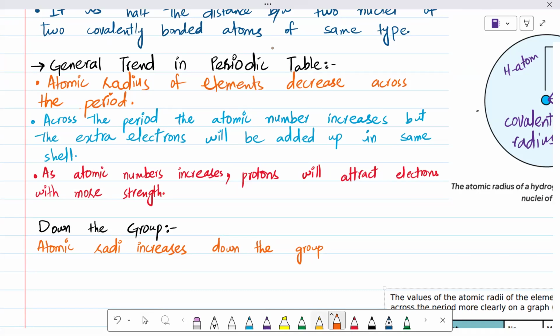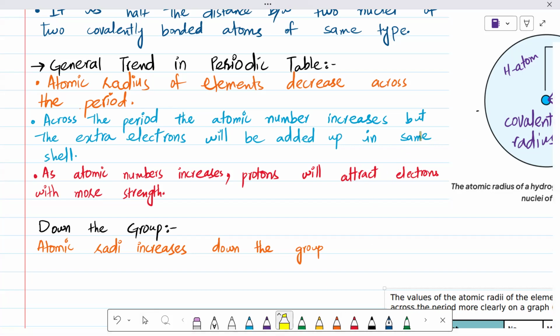I was talking about the shells in the periods. In the periods, the number of shells is the same. Across the period the shell numbers are same. That is why the electrons will arrange themselves in the same shells across the period.